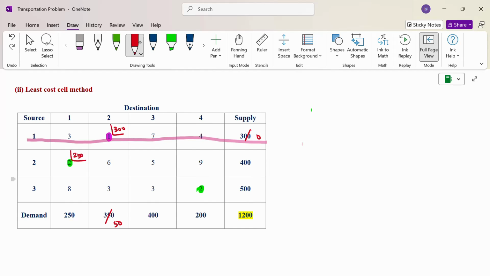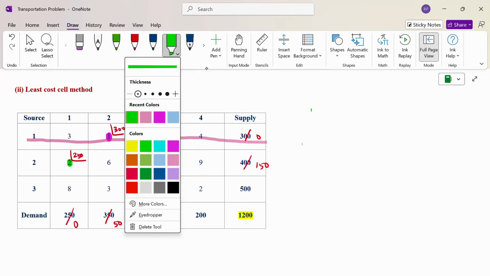Suppose I choose this other 2: demand 200, supply 500, so the minimum 200 is possible. Compared to this, 250 is the maximum, so allocate to the best one first. So I select this 2 first and allocate 250. Now this is 0 and this is 150. Now delete this column.